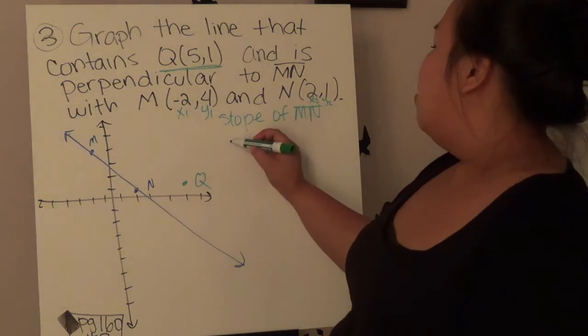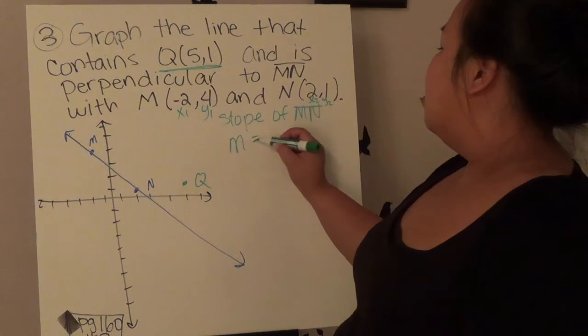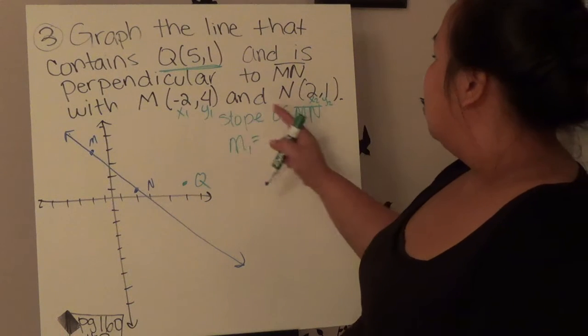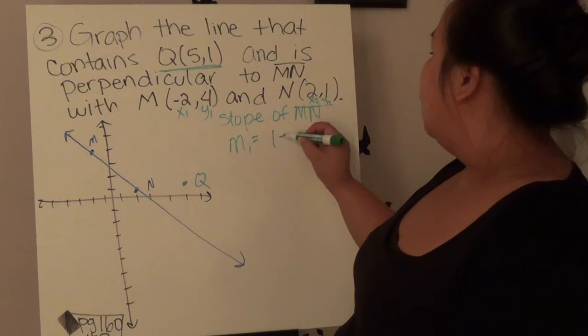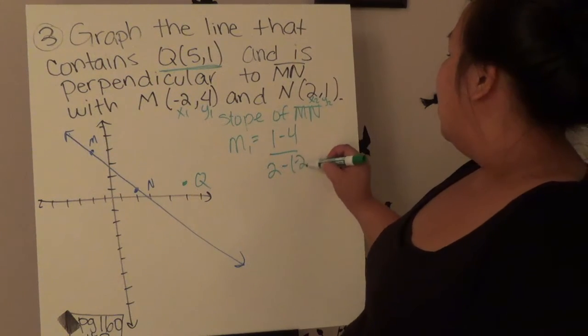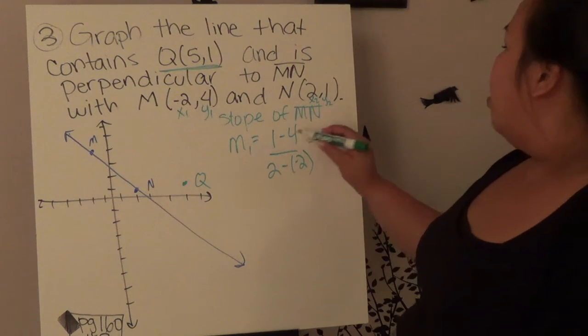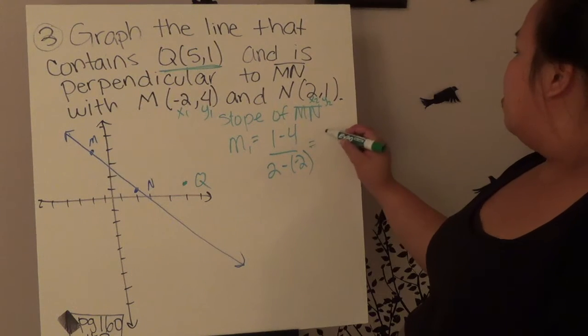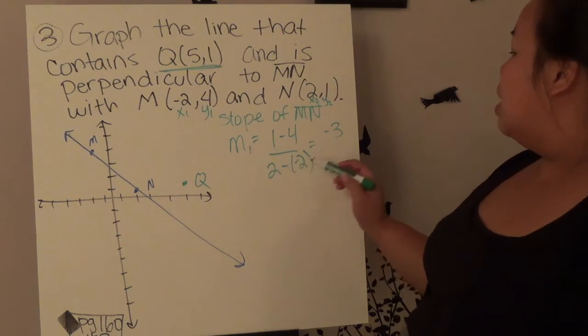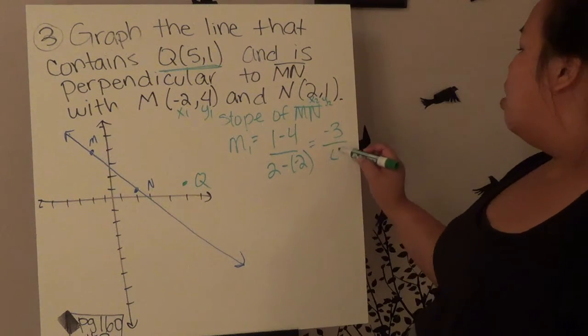So I know that m1 equals y2, 1 minus 4, over x2 minus negative 2. So 1 minus 4 is negative 3. 2 minus negative 2 is 2 plus 2, which gives me 4.